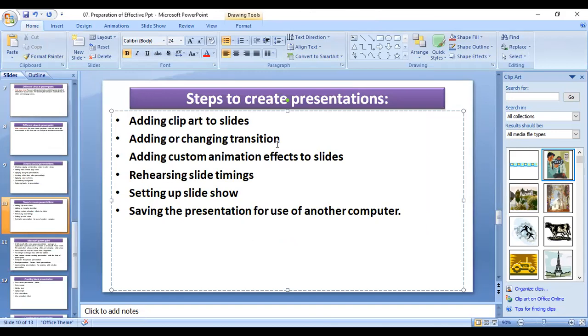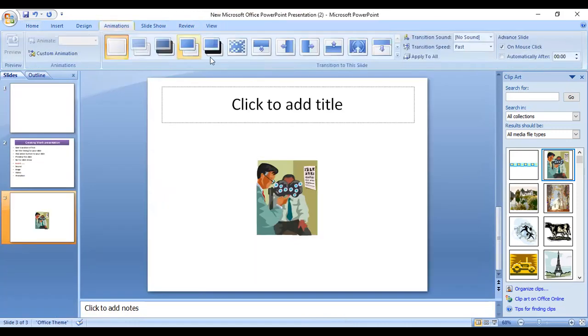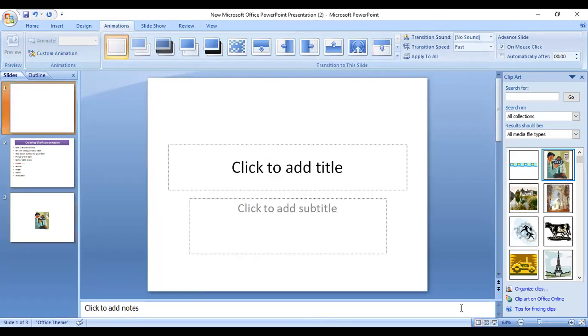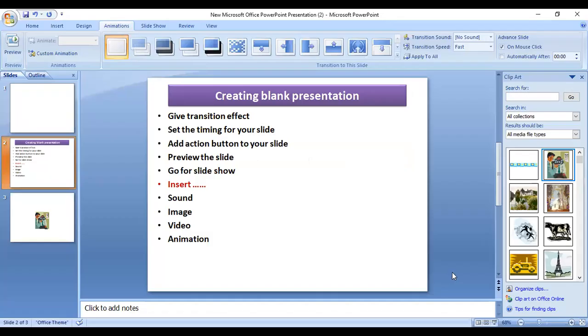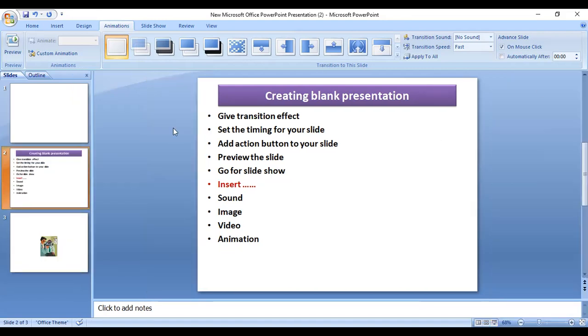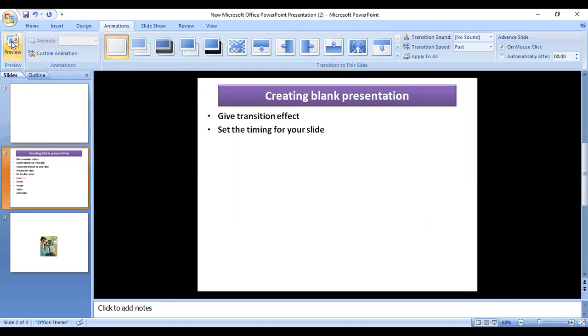Then adding or changing the transition. Transition is speed of transition. On this slide you can see here is the animation transition speed. This one slow. Here slideshow. So speed of that slide we can change. Here is the preview. So slow speed is like it is a fast one.